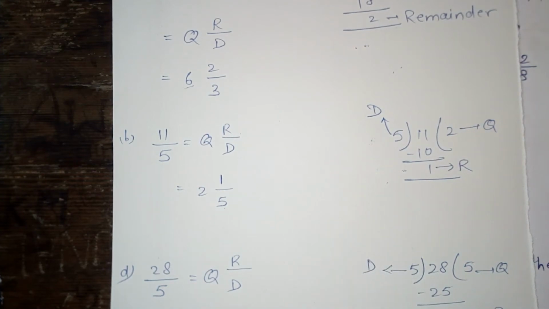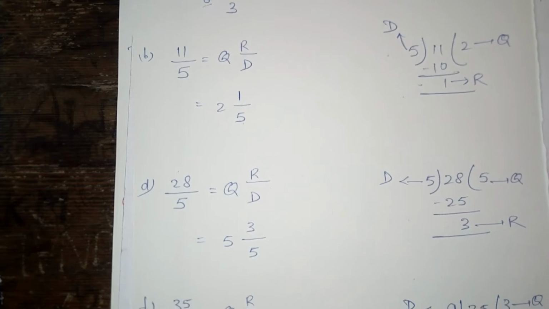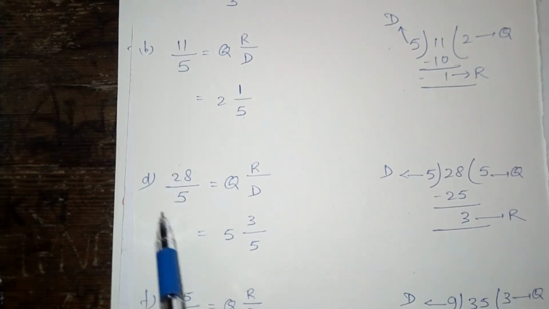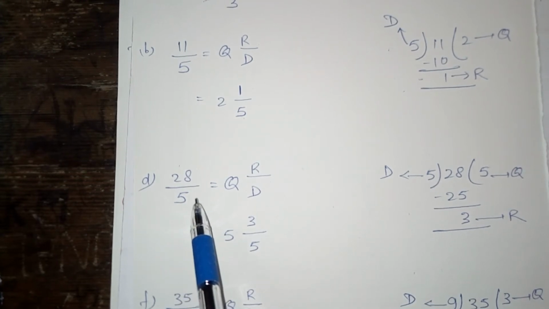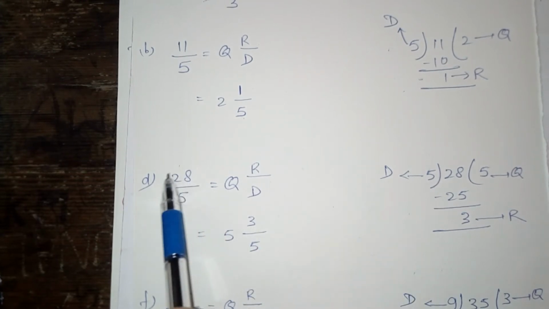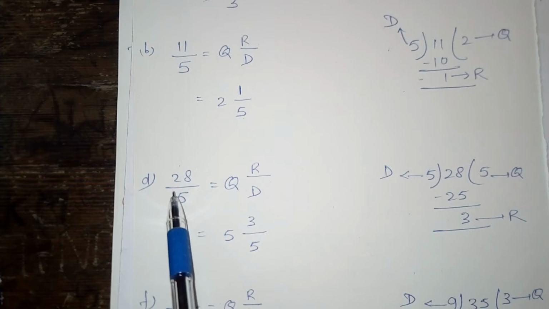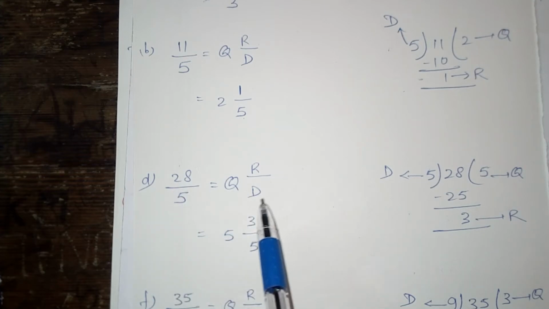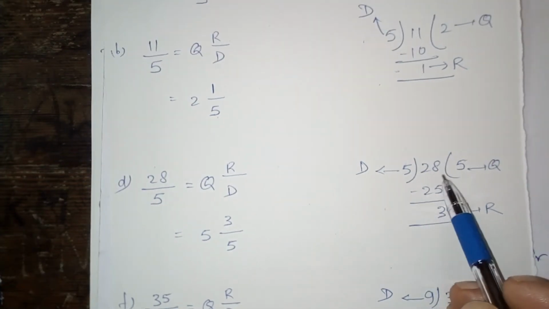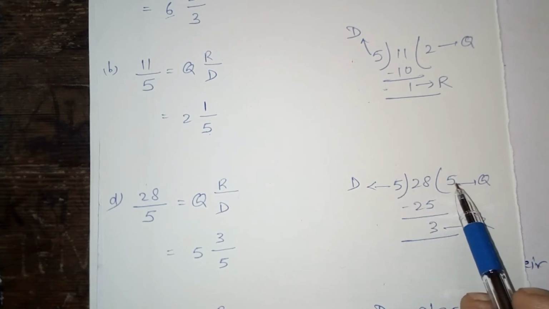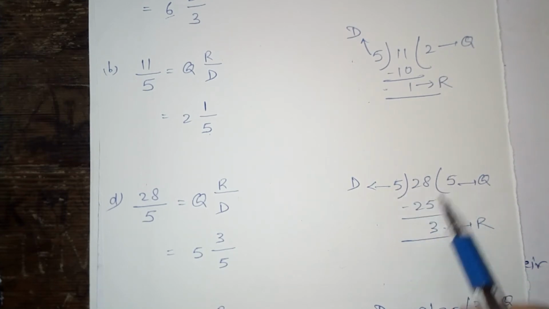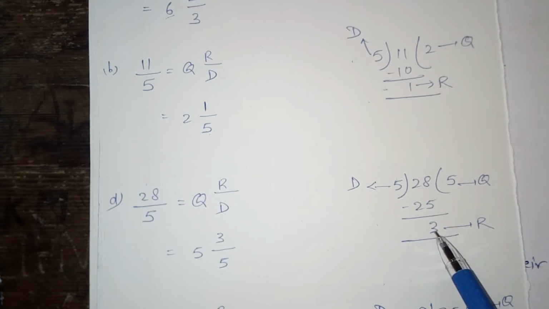Your next question is 28 upon 5. This is an improper fraction, and by the help of the division procedure we can convert it to a mixed fraction. We will apply the same procedure. After division, 28 upon 5: 5 5s are 25, 8 minus 5 is 3.